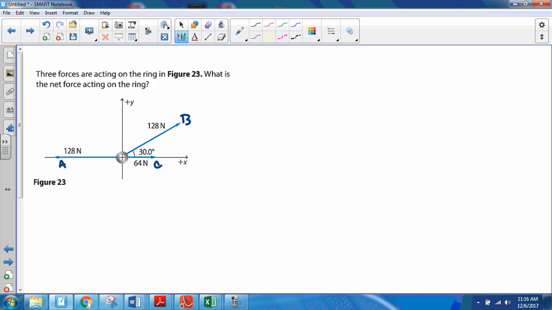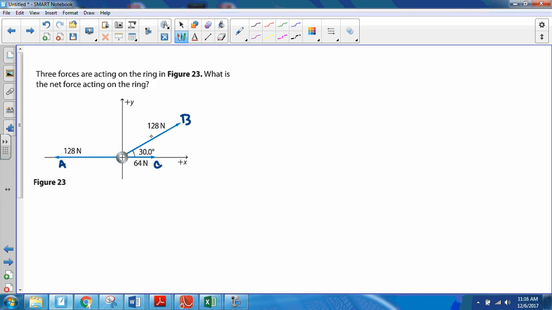Okay, so how do I add up forces that are in opposite directions? I have to get them into their components, their X and Y components, their lefts, rights, ups, and downs, right?